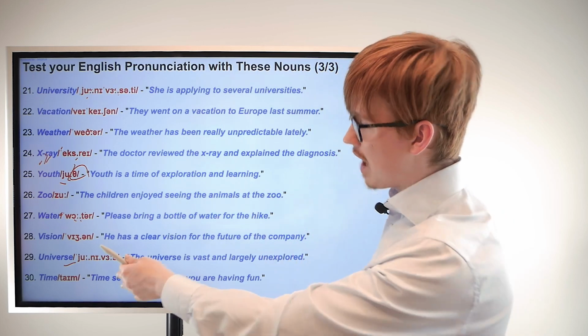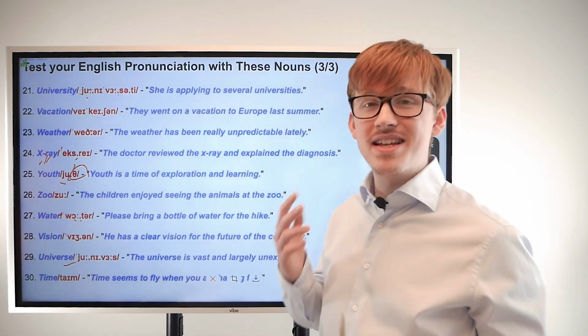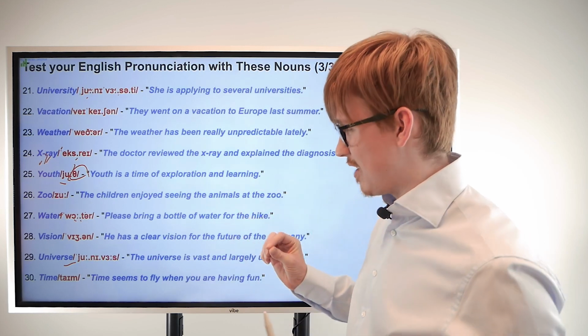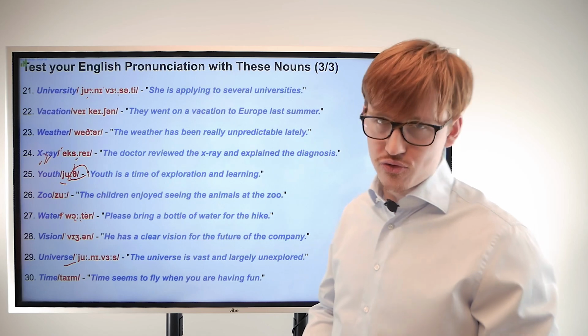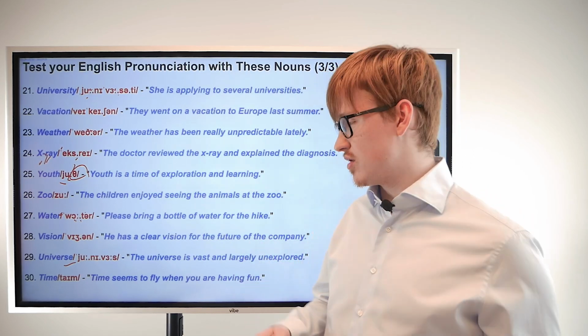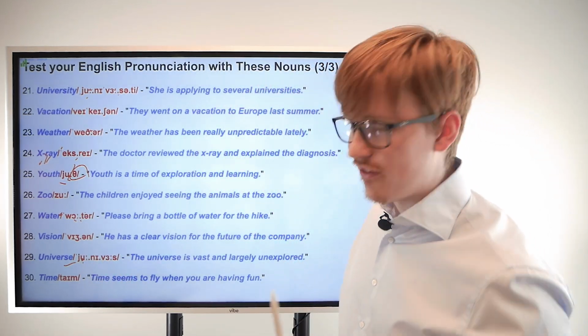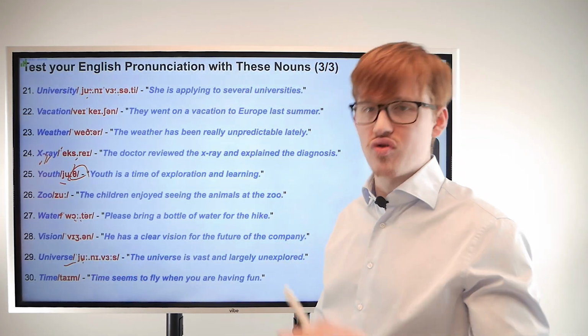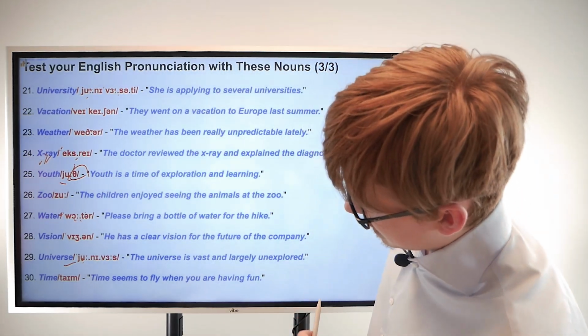Until learning how the transcriptions worked, I didn't even realize that we were saying this really short J sound. But if you practice, it will become natural. So practice it in context with words and you will get it. So we have the lengthened U, and then we have that first part of the word, which is our stressed syllable, universe. Number 30, we have time.